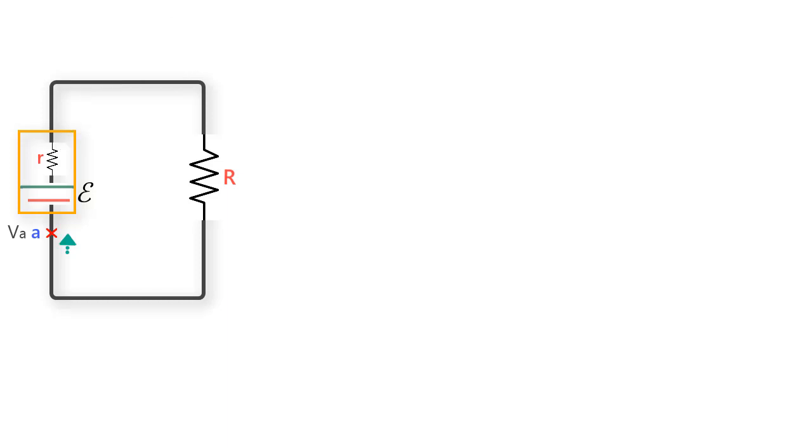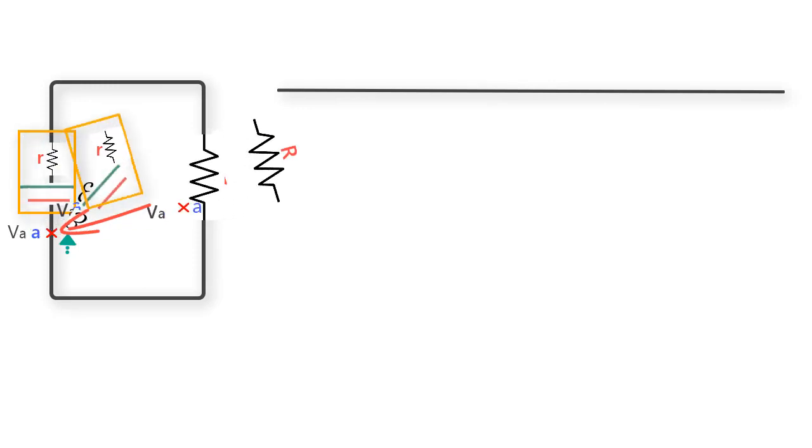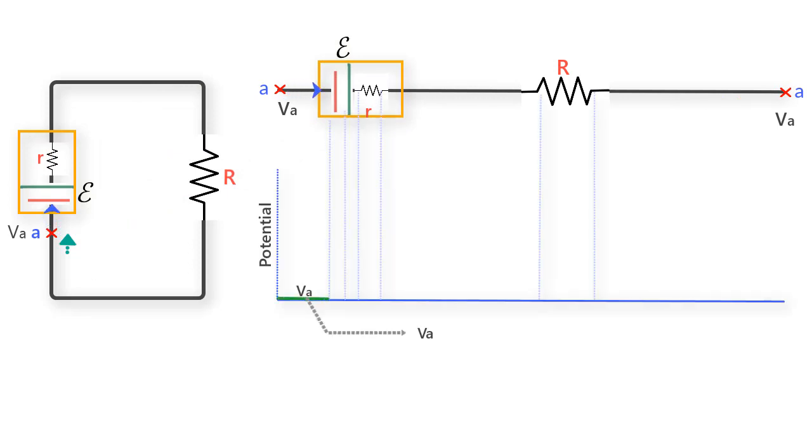So this time what we'll do is stretch the circuit into a straight line as if it has been cut at this point and laid out straight. So let us say point A is at potential VA. Then as we move to the right past the battery, there is a gain in potential since we're moving from negative to the positive terminal of the battery.